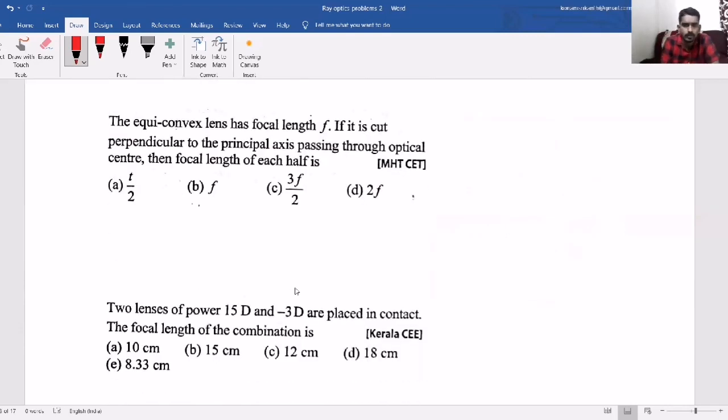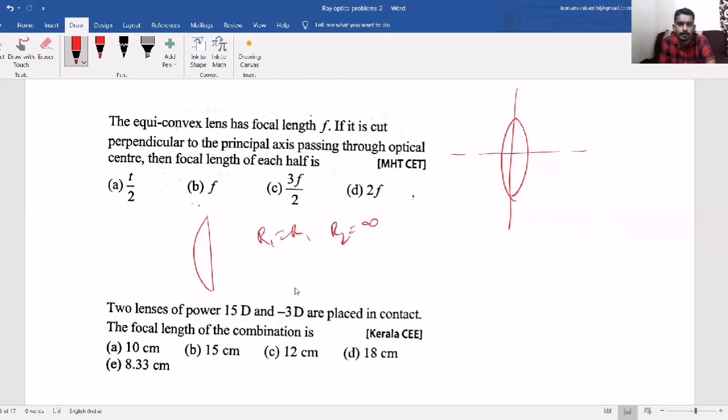Now even one more thing we have studied, the cutting of a lens. Like here, one equiconvex lens, that means both radii of curvature are the same. If it is cut perpendicular to the principal axis, this is the principal axis, and now they cut it in this manner. Already we studied, if you cut like this, then the focal length of each half: here R1 is R, but R2 is infinity as it is plane.